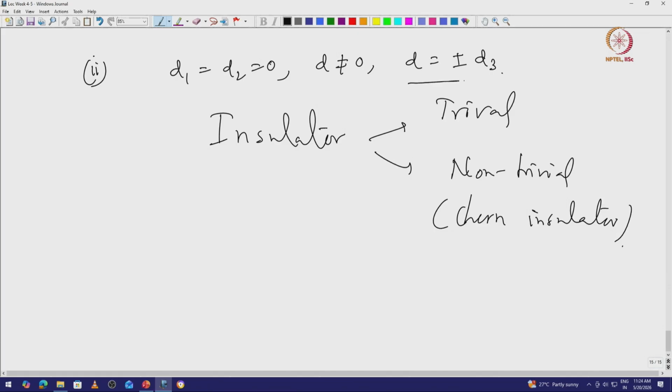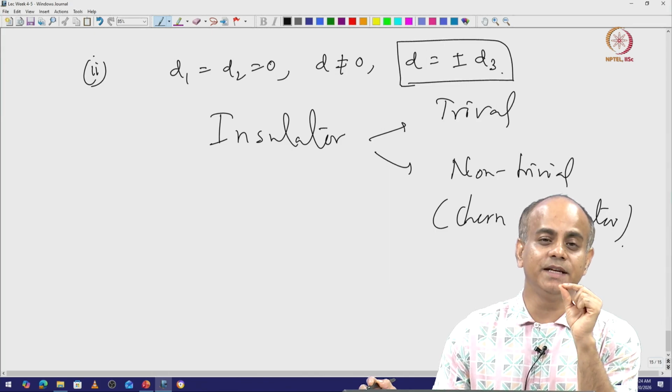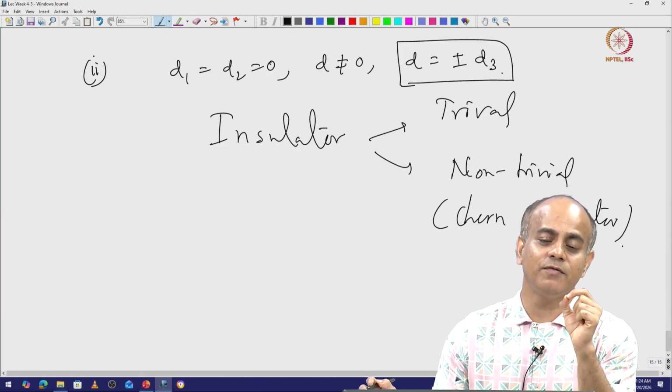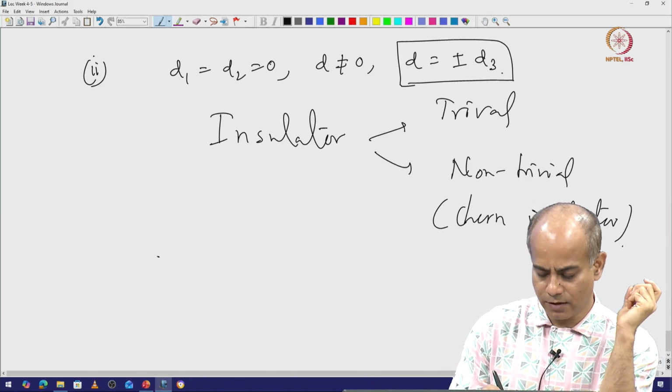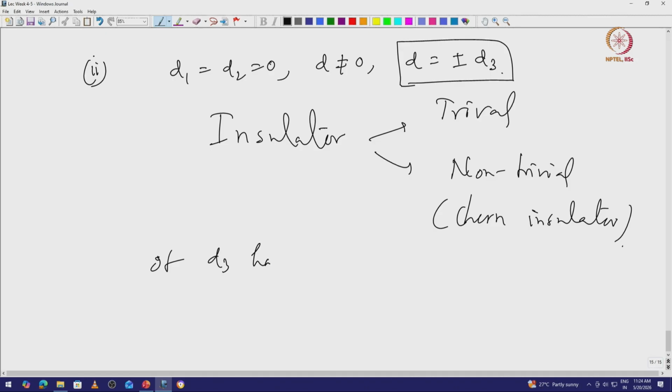So, now you can see again the same condition. If D3 has only one value or the same sign, if D3 has a fixed sign, then only one condition is satisfied. That means you only have the north pole and you do not have to go to the south pole, and this has only a fixed sign, then this is a trivial one. So, you just need one chart and you are done with it.